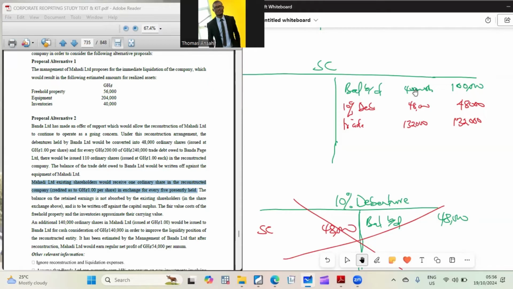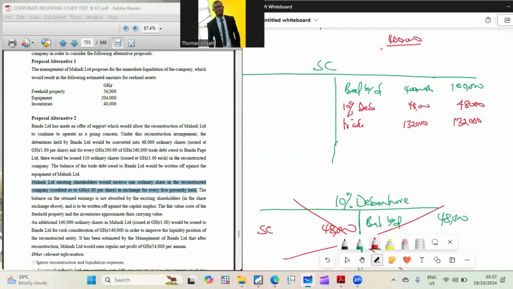Existing shareholders. As at now, who are the existing shareholders? All right. So all those existing shareholders that are there. Mahadi's existing shareholders were the 400,000 shares, right? They are going to exchange it.